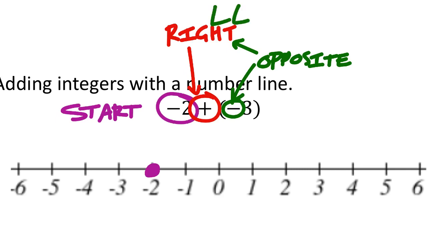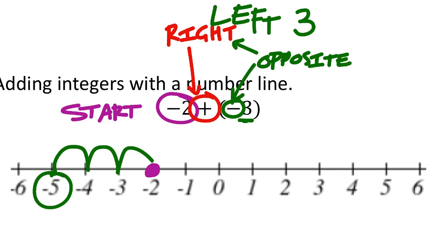Overall, that would be to the left. How far to the left? 3 spaces. So I'm going to go to the left 3 from this -2. 1, 2, 3, and I end at -5. And that is my final answer for this problem, -5.